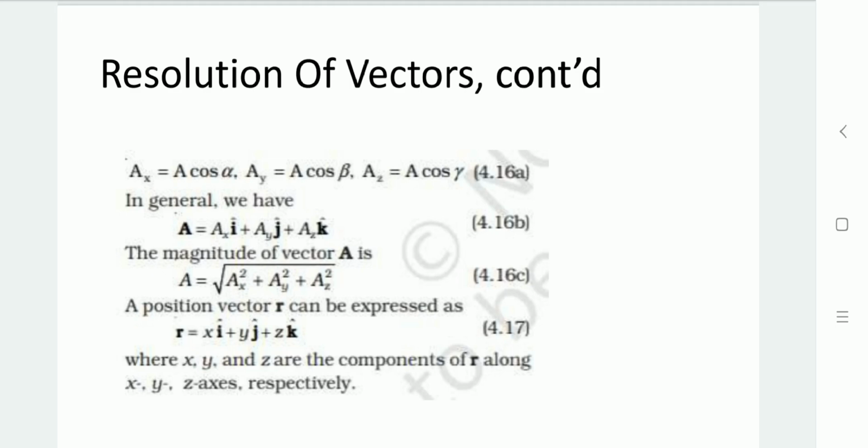So A equal to under root of A_x square plus A_y square plus A_z square. And position vector R would be xi plus yj plus zk. And x, y, z components represent position vector R with respect to their specific axis direction.